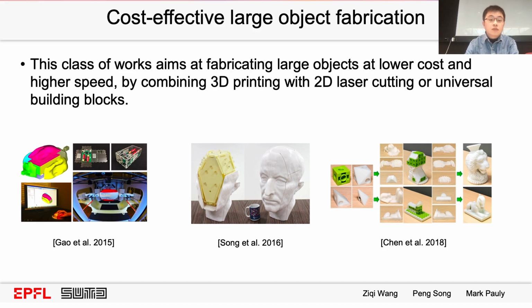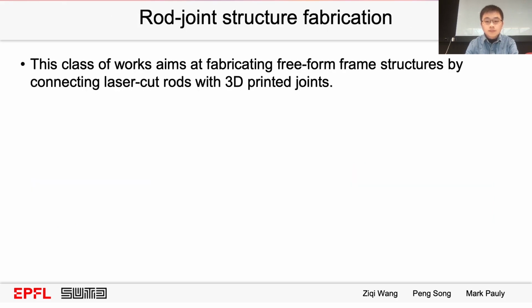In the left paper, Gao and their colleagues used laser-cut cuboids to make a customized mouse, while in the middle figure, Song and their colleagues used interlocking laser-cut polyhedra to save printing material and time. And in the right figure, Chen and their colleagues used prefabricated universal building blocks to fill the input shape's interior, which has better performance compared with Song's work.